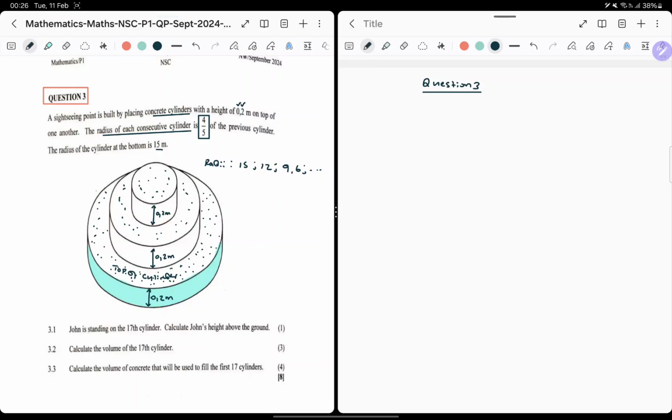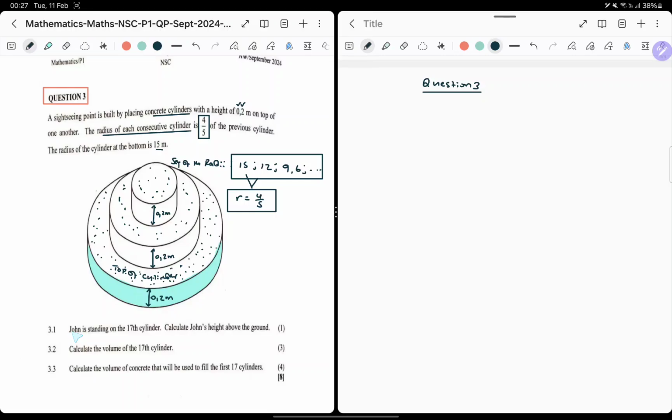This keeps on going like that. So this is just the sequence of the radii, and we know this is geometric because the common ratio here is 4/5. Easy stuff. These kinds of things, guys, need to be realized, and this is going to be very useful.